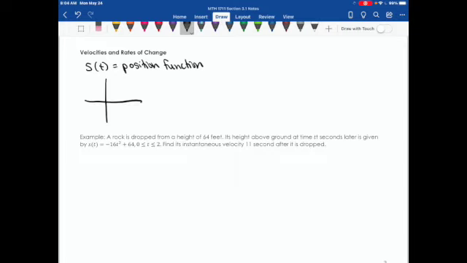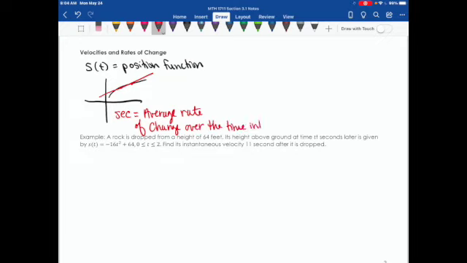If we consider that position function, we have some kind of curve. If I find the slope of the secant line between 2 points on that function, what we're really doing is finding the average rate of change over that time interval from one point to another.